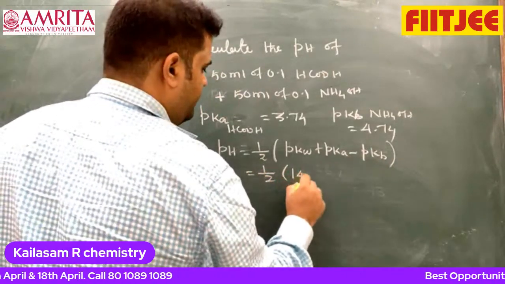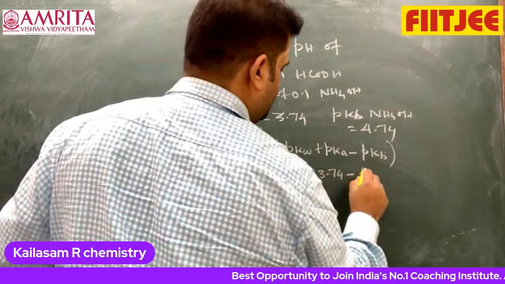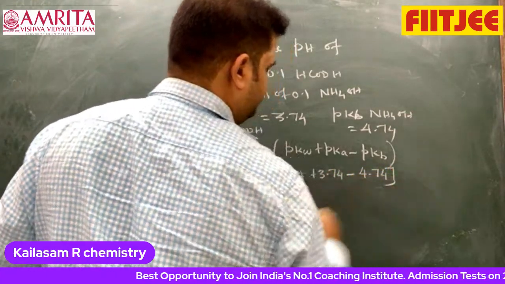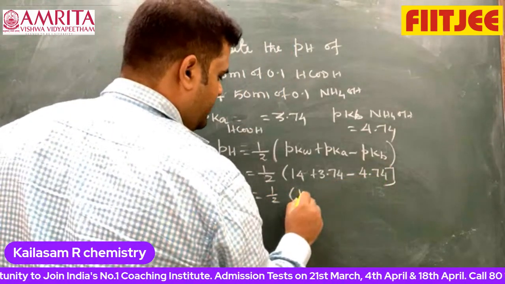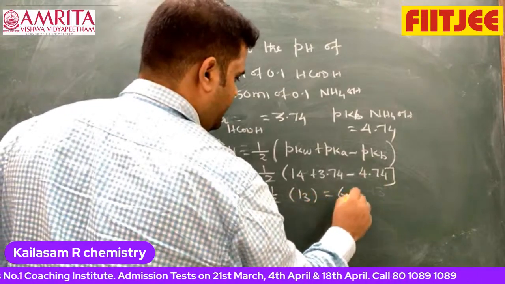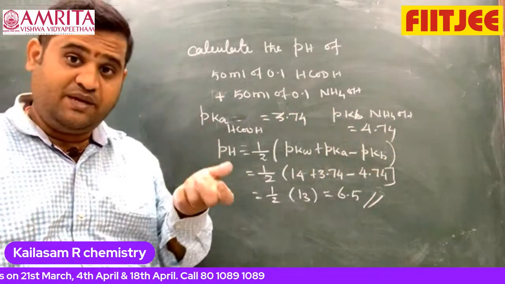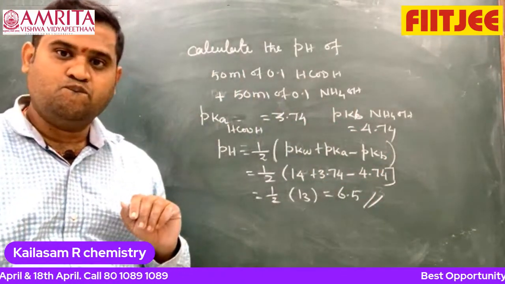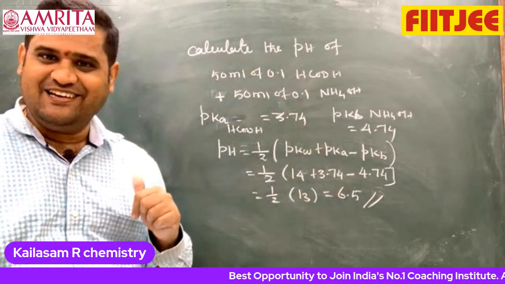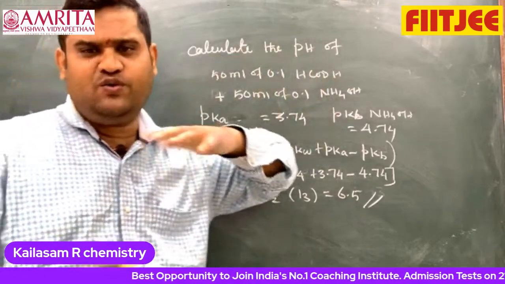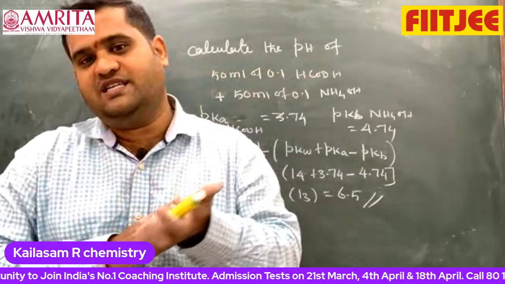Now 14 plus 3.74 minus 4.74, 1 by 2 of 13, therefore 6.5. Therefore pKa is less than pKb, that means Ka is greater than Kb. So obviously pH is less than 7, therefore acidic. This is a combination of weak acid and weak base. These types of questions you may expect in JEE Mains.